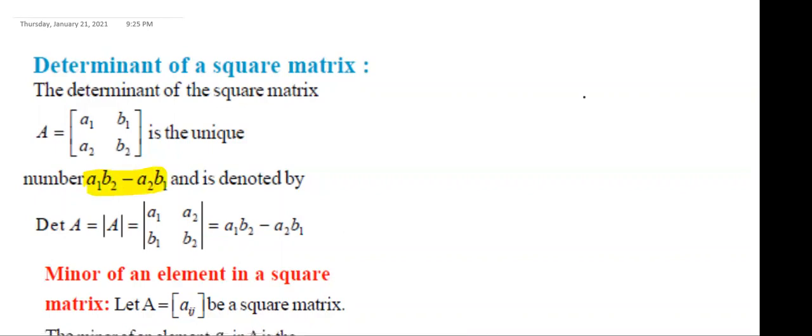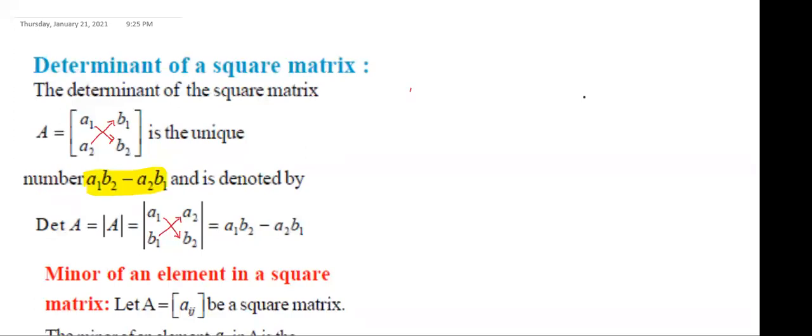How did we get that? Whenever you go upwards, write the negative before it. So det A is a1 b2 minus a2 b1 when the matrix a1 b1, a2 b2 is given.